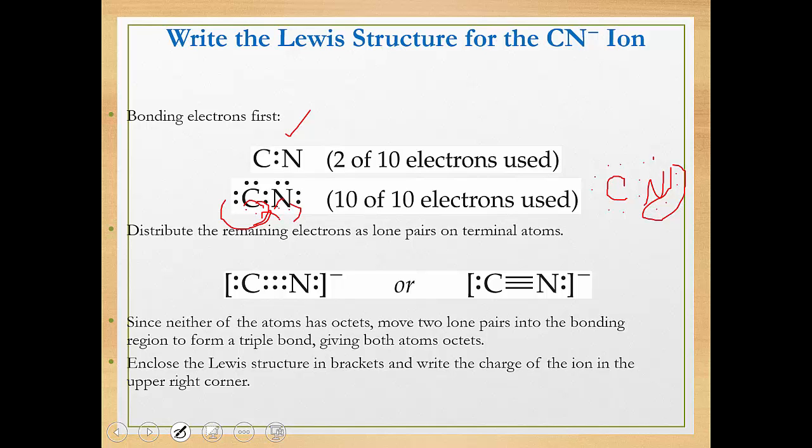That gets everybody up to 6 electrons, and then nitrogen threw another 1 in, and it got everybody up to 8. So carbon and nitrogen are triple bonded. And you can show it as lines instead. Notice that they have put the brackets around the polyatomic ion, and they have included the charge on the ion.